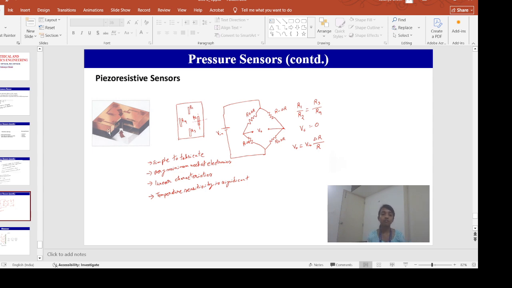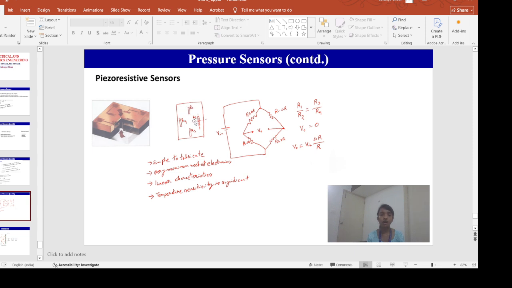So here a fabricated image of the piezoresistive sensor is shown. On the top of this piezoresistive sensor, we have resistances that are connected. All these resistances are in the form of, let's say, a Wheatstone bridge.